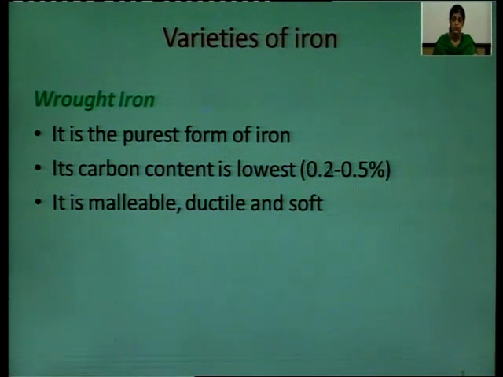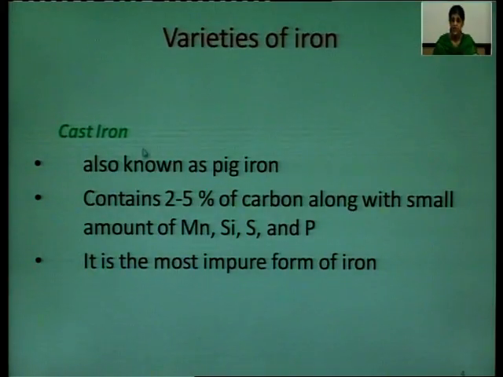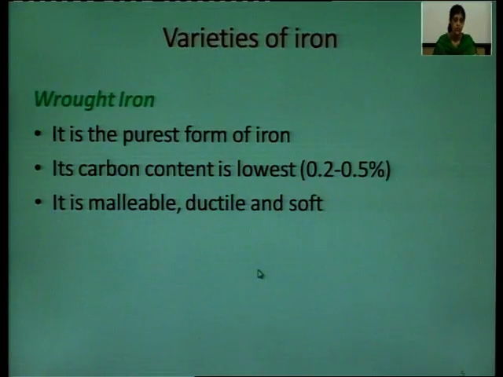It is just 0.2 to 0.5%. This iron is malleable, ductile and soft. So, wrought iron is the purest form of iron and cast iron is the impurest form of iron. So, these are the two major forms of iron.